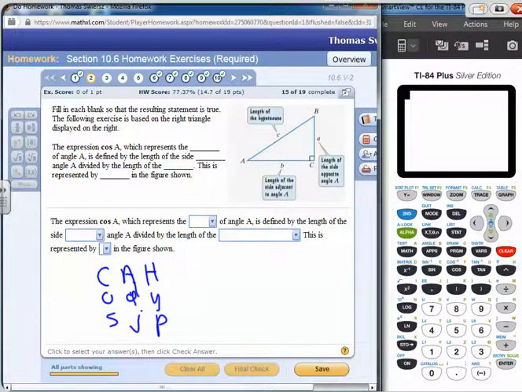So with respect to angle A, the side that's next to it that forms a right angle would be B, would be the side that is adjacent. And again, opposite the right angle is always the hypotenuse. So cosine is adjacent over hypotenuse.